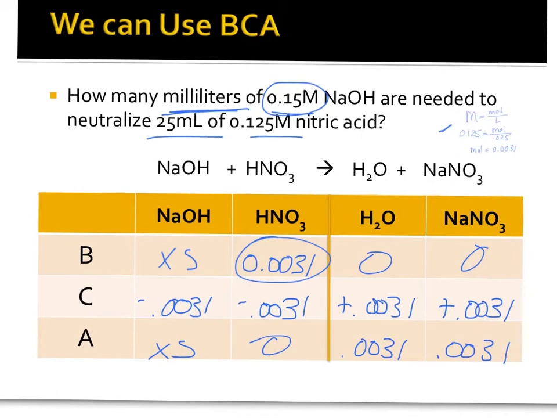Now, we know that we are going to need 0.0031 moles of our NaOH. We have our concentration from up here in the problem, so we need to use our equation again to figure out the volume in milliliters.